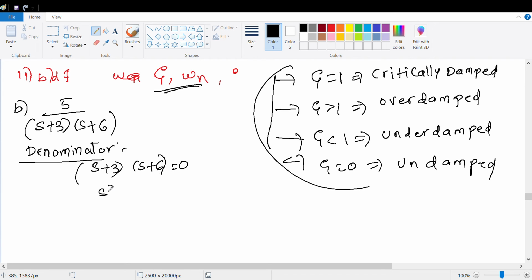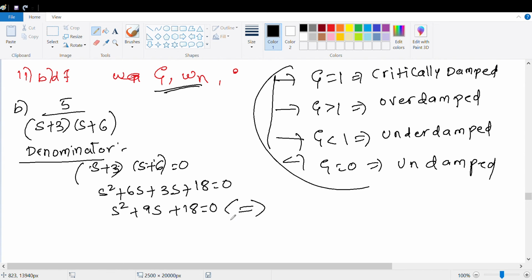So multiply: s^2 + 6s + 3s + 18 equals 0. s^2 + 9s + 18 equals 0. Now equate this to s^2 + 2ζωn s + ωn^2 equals 0.